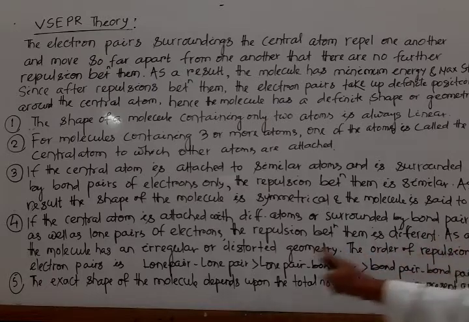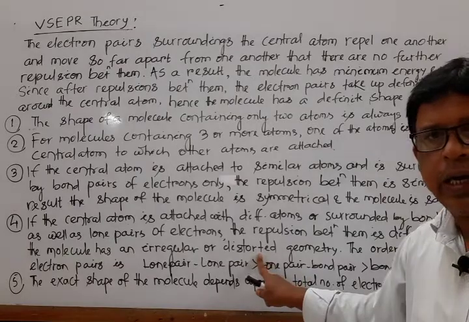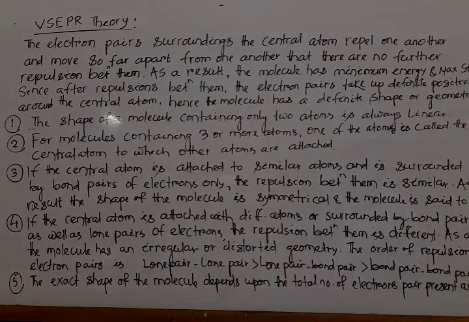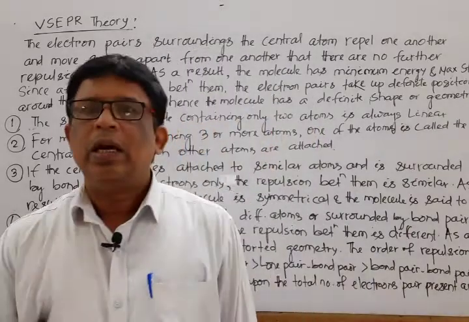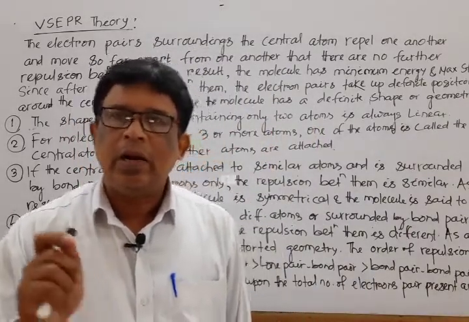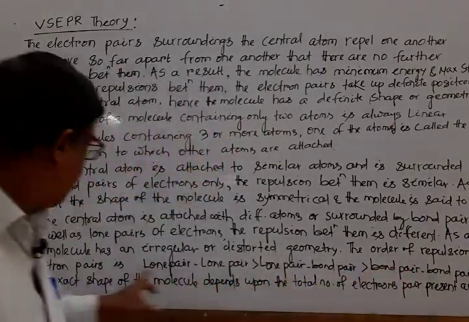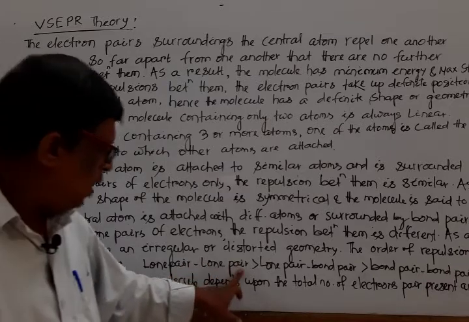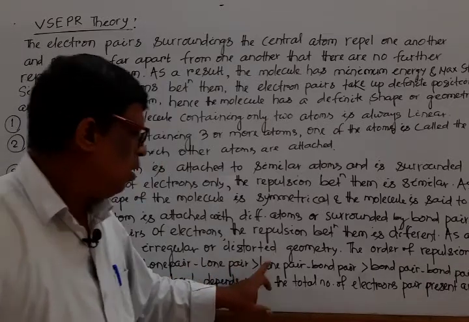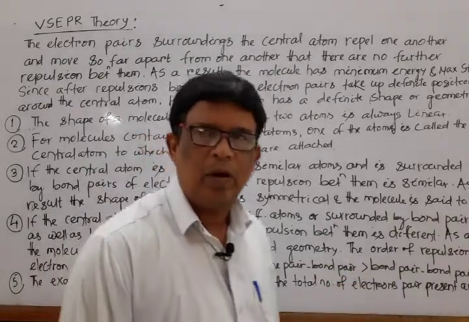Mark that. As a result, the molecule has an irregular or distorted geometry. According to this theory, the order of repulsion between electron pairs is lone pair-lone pair repulsion greater than lone pair-bond pair repulsion greater than bond pair-bond pair repulsion.